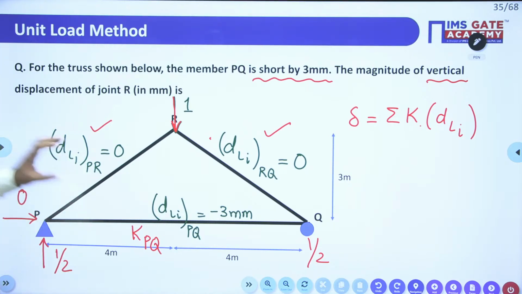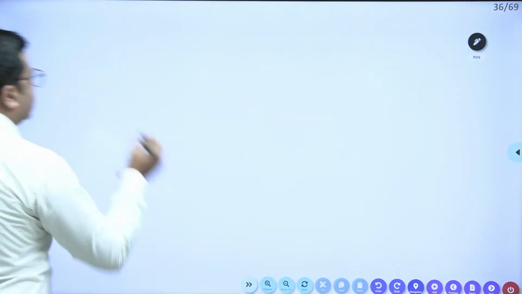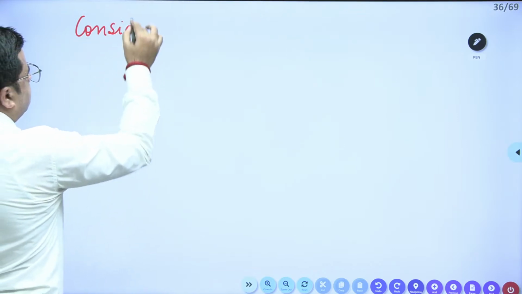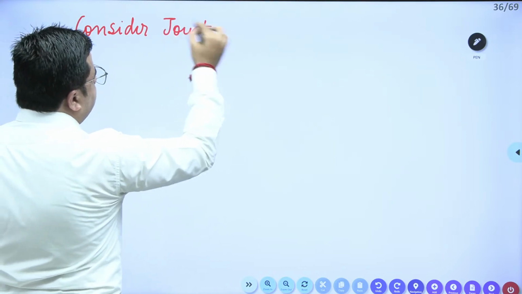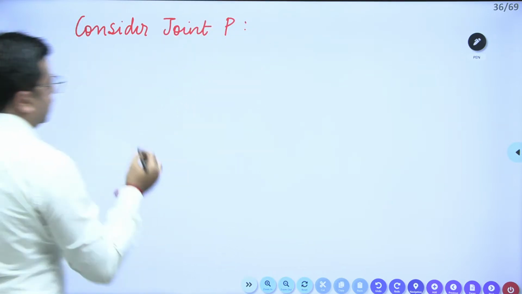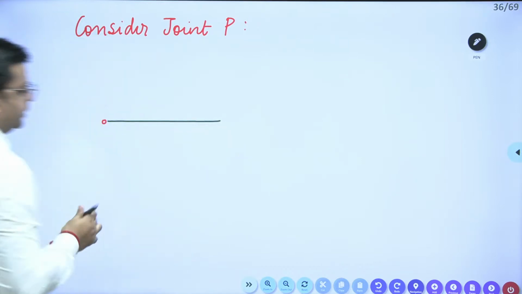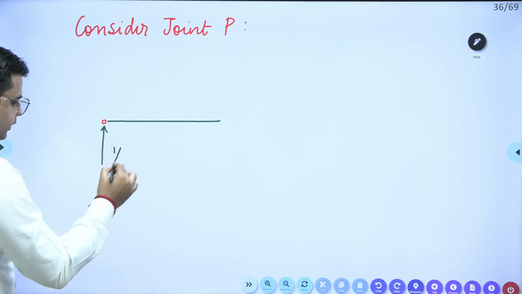Okay. Now calculate the member force for member PR to get the member force for member PQ. Consider joint P. Through this joint P, this is my first member. This is my support reaction, that is 1 by 2, which is acting.